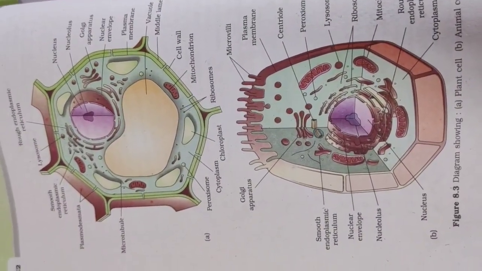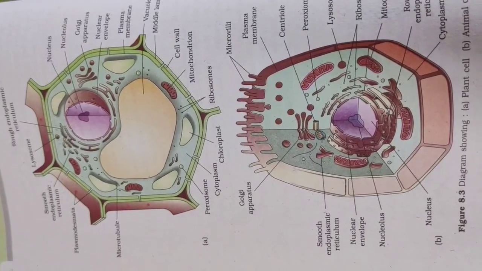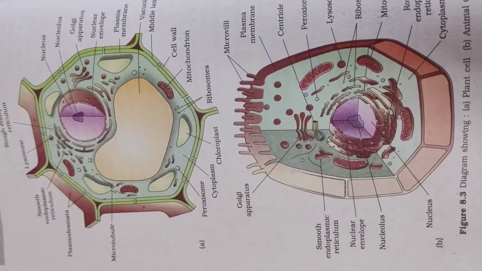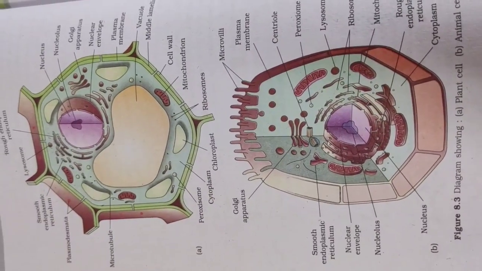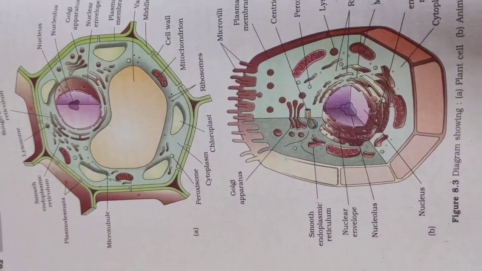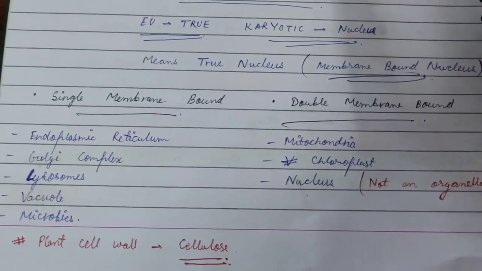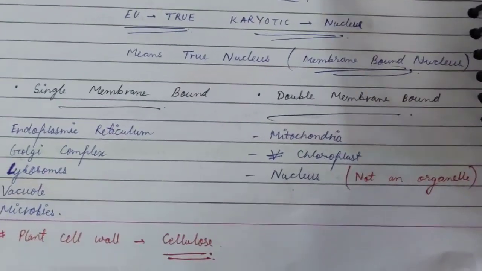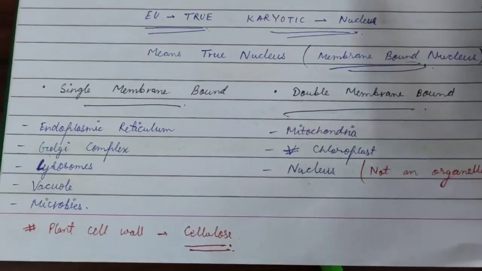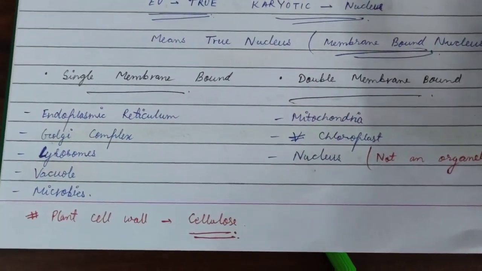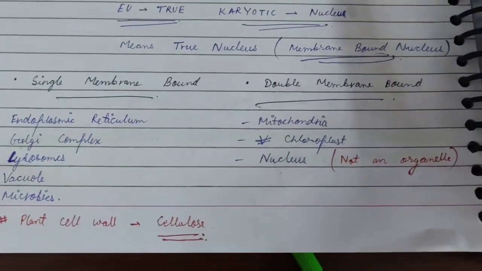Both plant and animal cells together are called eukaryotic cells. Eu means true and karyon means nucleus, so basically it means true nucleus. Now let us see the membrane bound organelles present inside the cell. Remember one thing, that the nucleus is not an organelle of a cell.